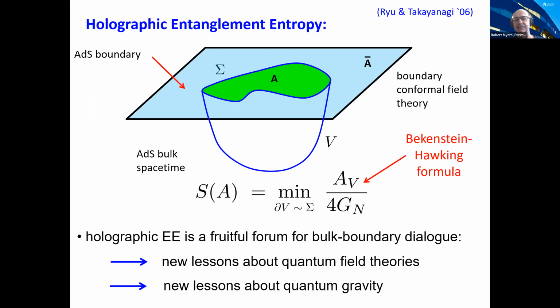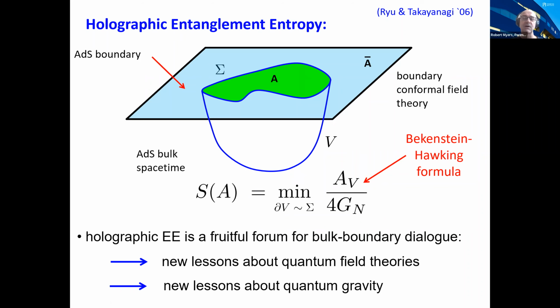And that, as it says at the bottom of the slide, became an interesting forum for a discussion, where we were learning new things about both sides of the correspondence or the duality. We were learning new things about properties of strongly coupled field theories, but at the same time, we also learned some interesting lessons about holography and about quantum gravity in the bulk.